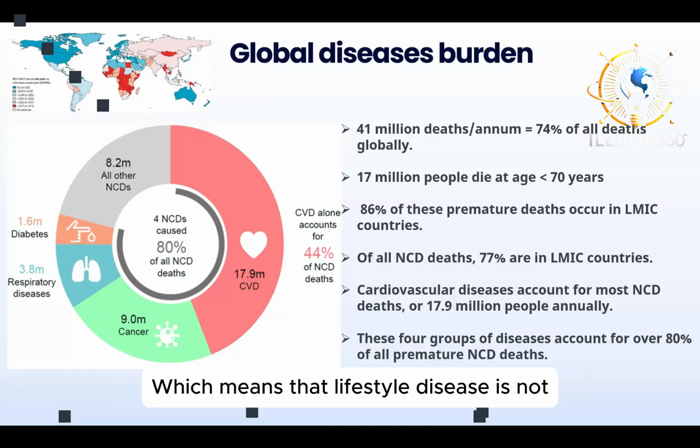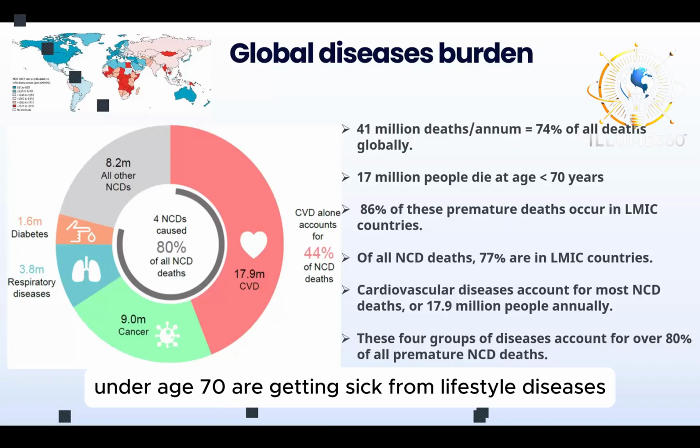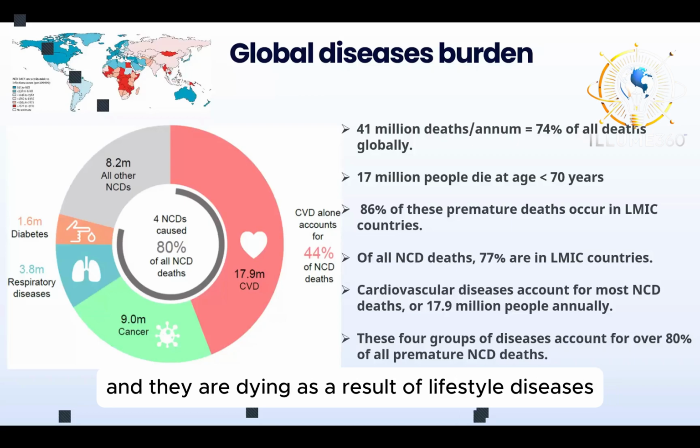which means that lifestyle diseases are not limited to only the aged, those who are above 70. No, people under 70 are getting sick from lifestyle diseases and they are dying as a result of lifestyle diseases.